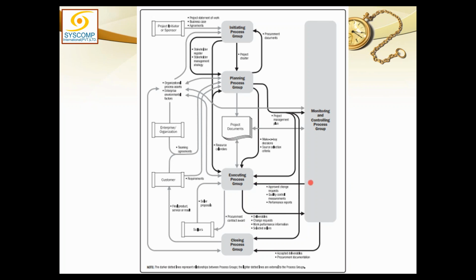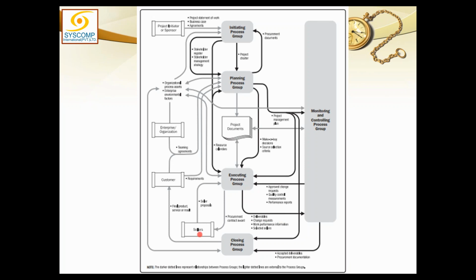Execution and monitoring and control are happening simultaneously, and this decision could come spontaneously and immediately. So if it is a mature organization with efficient systems, as soon as you move the change request, you can even get the approval of that. So the change requests are sent to monitoring and control.